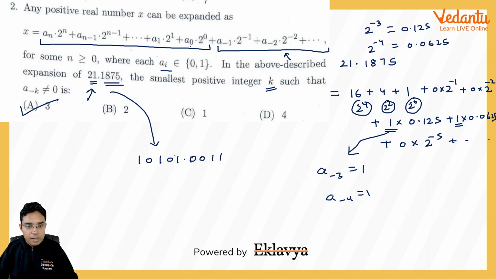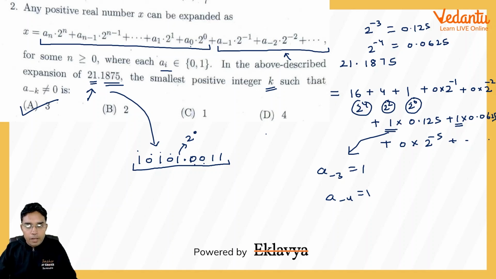How I have taken it: this is the coefficient of 2 power 0, this is 2 power 1, 2 power 2, 2 power 3, 2 power 4, and after the decimal, the coefficient of 2 power minus 1, 2 power minus 2, 2 power minus 3, 2 power minus 4. So this number will have a binary expansion like this, and they have modified this question. They have not said it is the binary expansion of some number, but I think the question is based on that only.